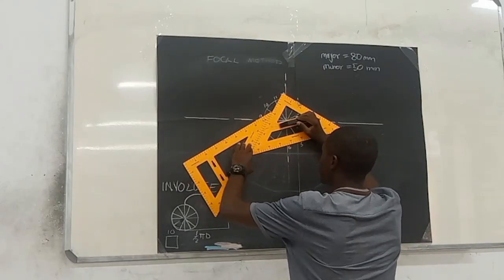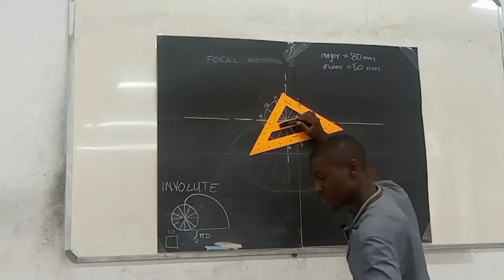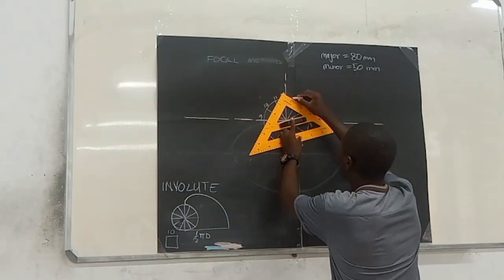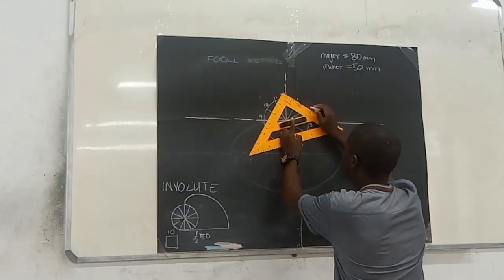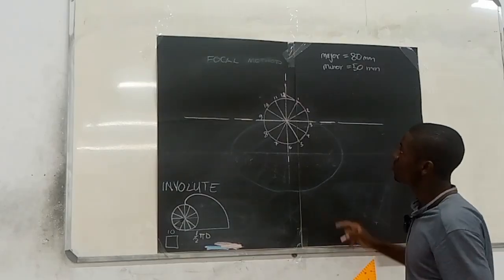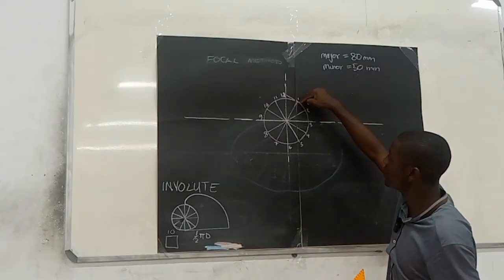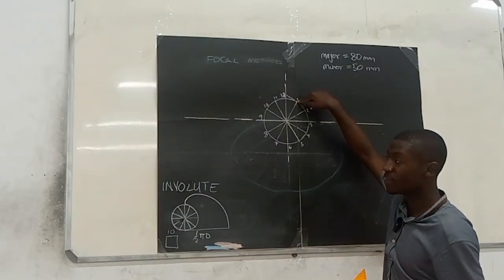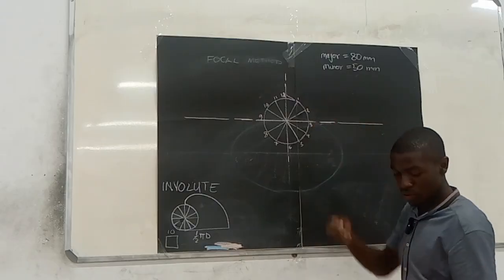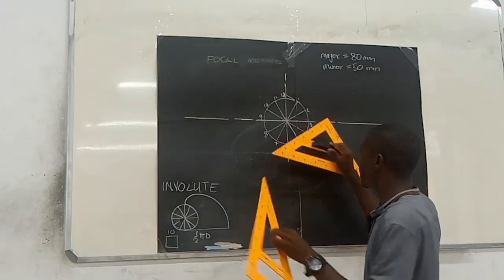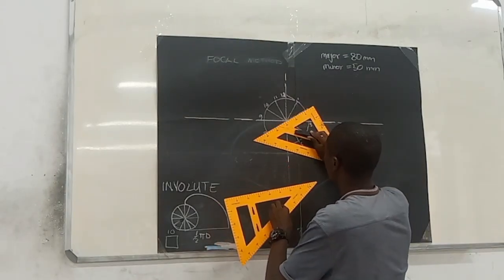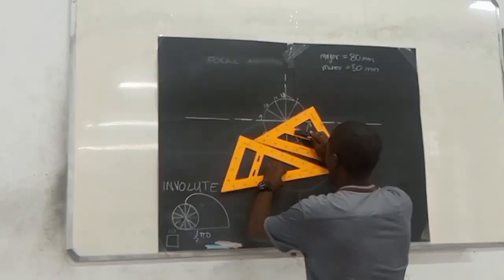We slide it until it reaches 1, then we draw. So we've drawn a line that is at 90 degrees from point 1. We'll do the same at point 2. So we keep repeating this procedure. When I reach point 3, I'll show you why you are doing this.